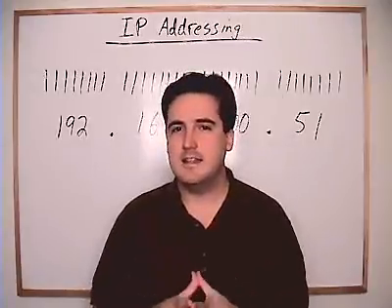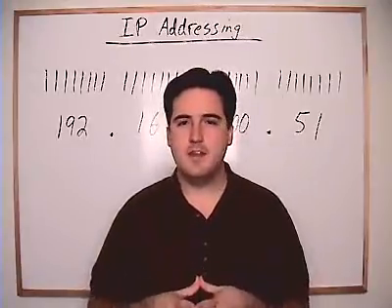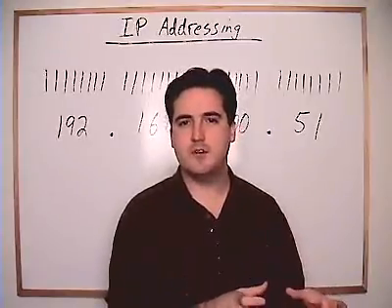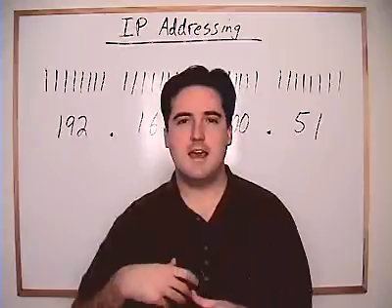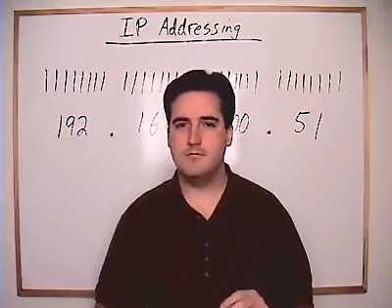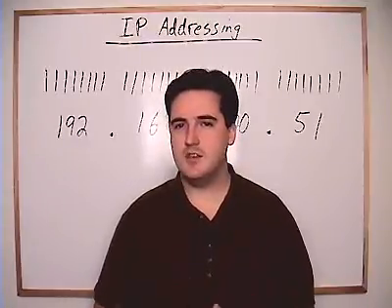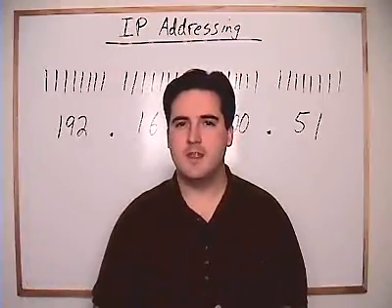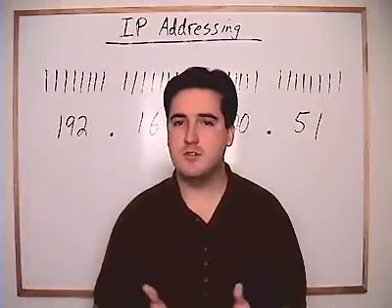Now, what exactly is an IP address? Well, an IP address is something that will uniquely identify your host on the network. So it uniquely identifies a device, a router, a computer, anything that you want to access through the network needs a unique IP address. An IP address is similar to a street address.